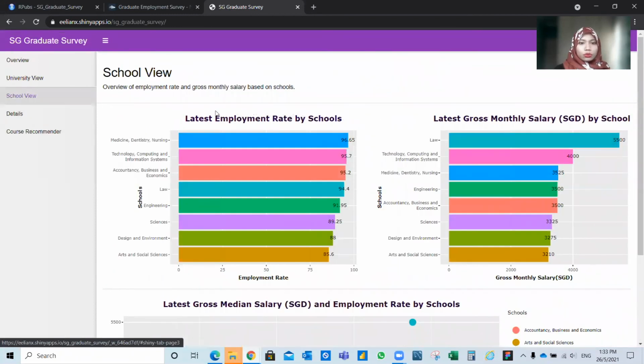So in terms of schools, we can see the employment rate, the highest is achieved by the medicine, dentistry, and nursing course. We can see it is achieved around 96.65%. However, it is surprising that even though the course achieved the highest employment rates, the highest gross monthly salary is achieved by the law school or course, which is around 5,500 Singapore dollar. So we can compare the school's achievements from this graph.